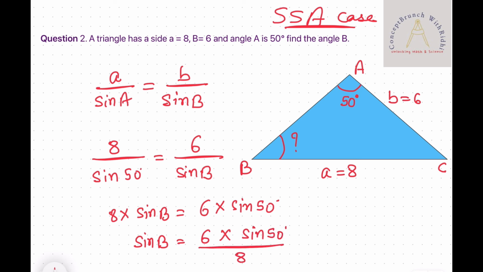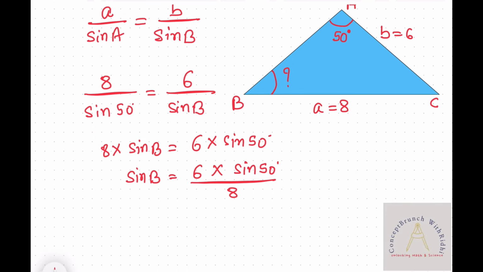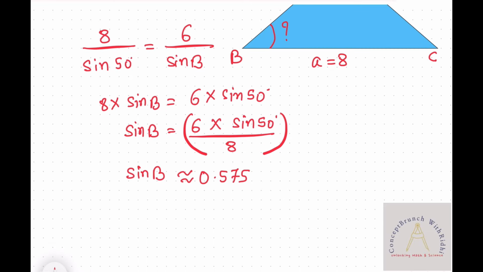Again, we have to use the calculator to find the value for B. In the previous video, I have already taught you how to use the calculator. If you have not seen that video, please check it out. So here, to find B, first we have to solve this, and then we have to do the inverse function of sine, right? So sine B is approximately, we got it, 0.575, and now we have to find the inverse function.